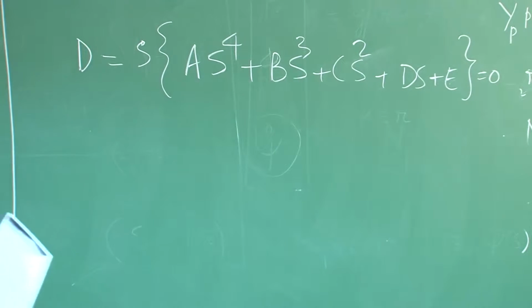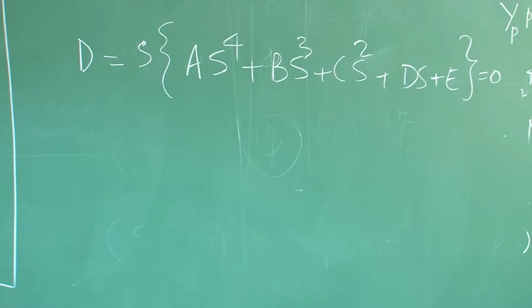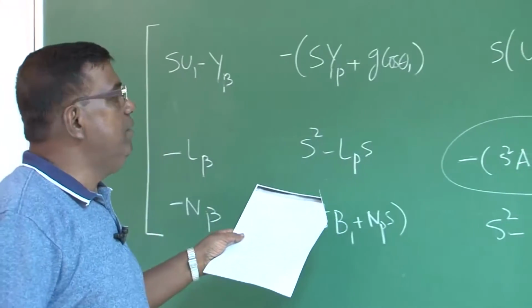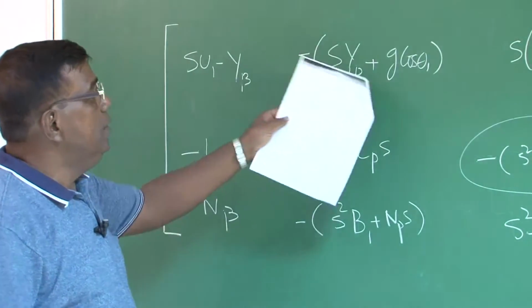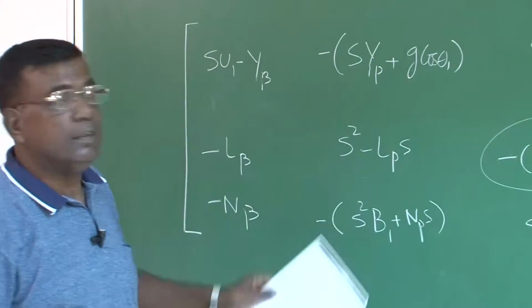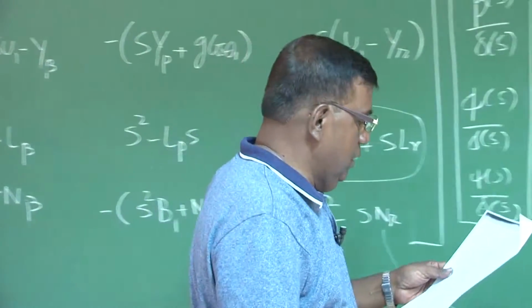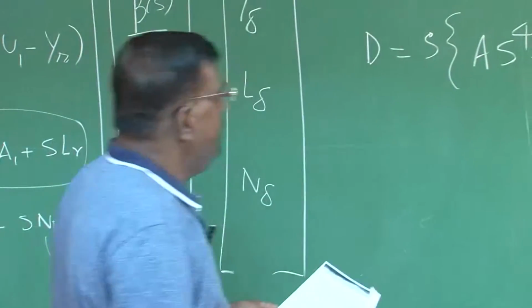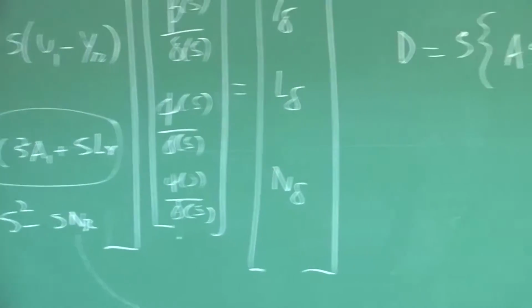Although the expressions for A, B, C, D, E will have the dimensional stability derivatives which belong to this stability matrix, right. And you know that we will be giving you that expression. Just for completion, I will give you one expression.